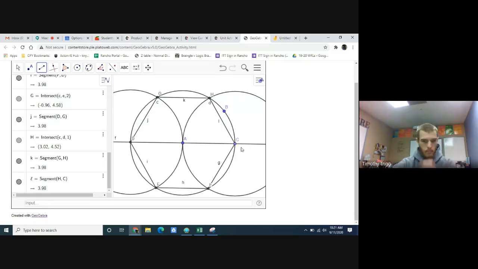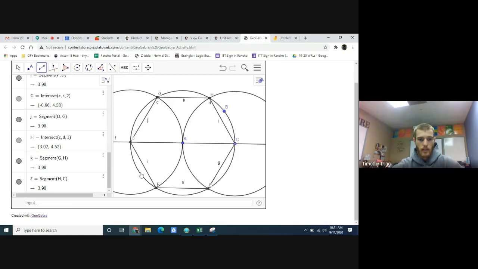So we started by having a circle with the diameter. Then we produced 2 additional circles on the ends of that diameter. We connected the ends of those diameters to the points where these circles intersect each other.